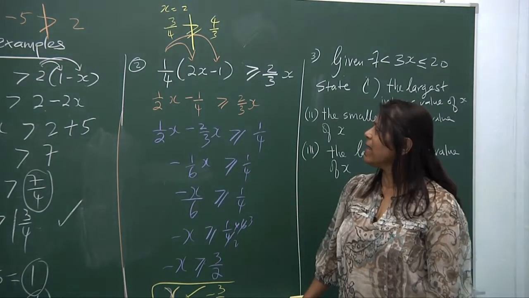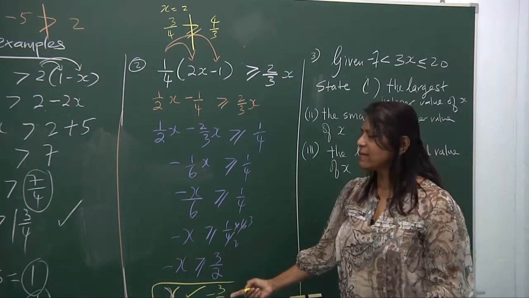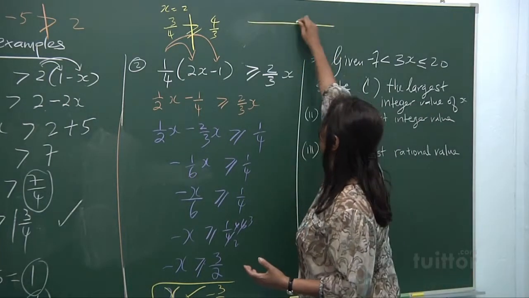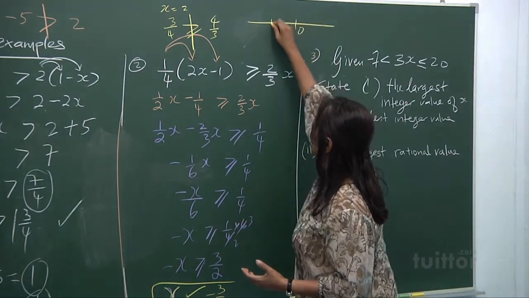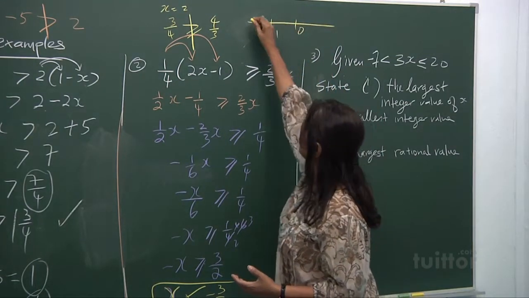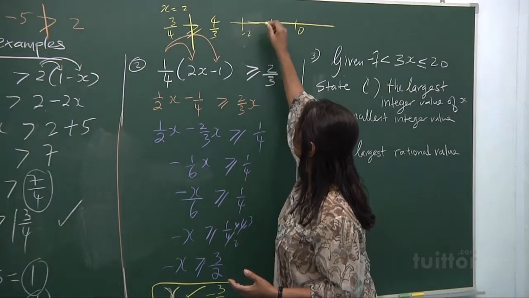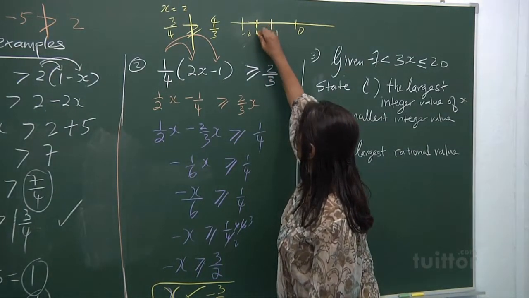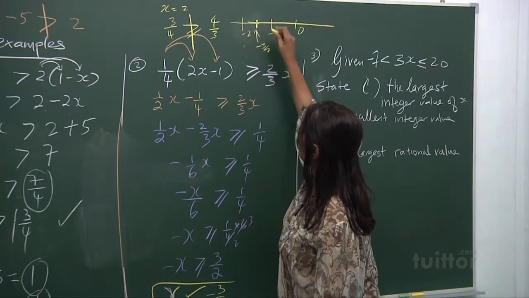Let's take a case that satisfies it. X is smaller than minus 3/2. If we draw a number line, this is 0, this is minus 1, this is minus 2, and minus 1.5 is here. That point is minus 3/2.